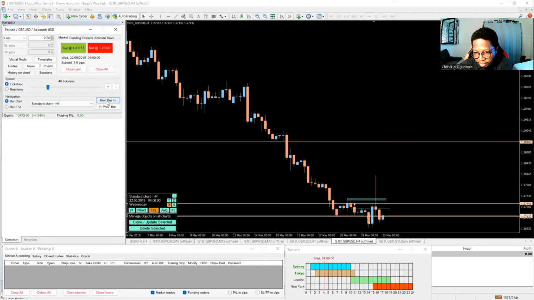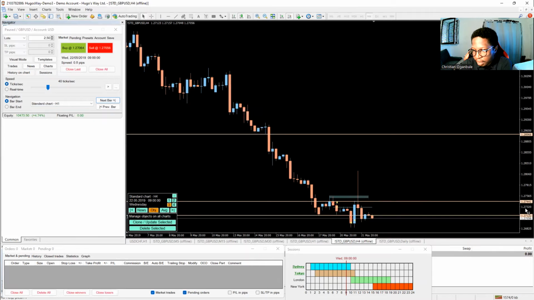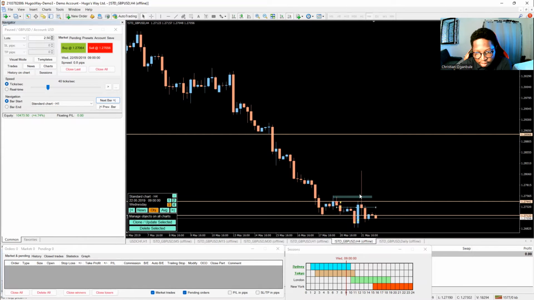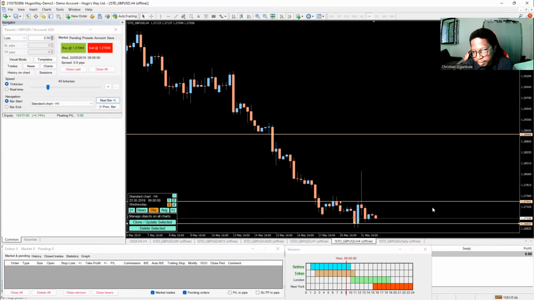Look at that rejection. All right, so now I would have to basically do a fresh analysis at this point, okay? And what is obvious is that price did a liquidity grab from the upside, and the new support is now here.